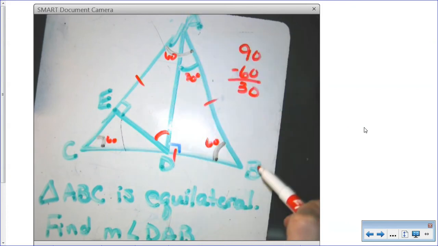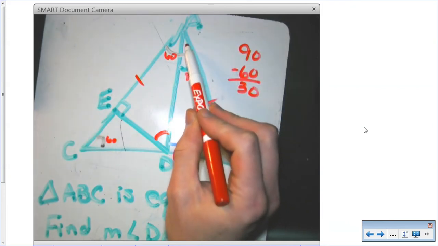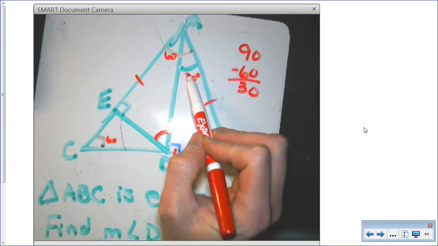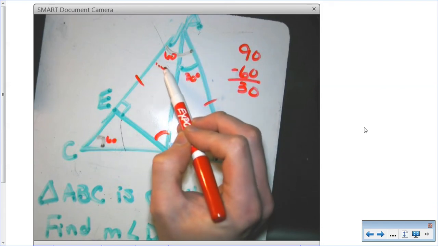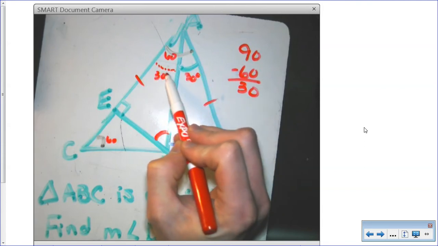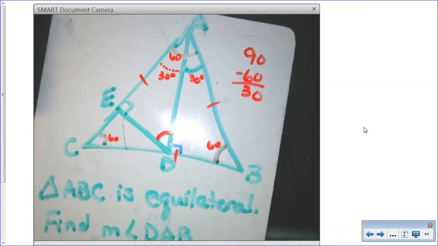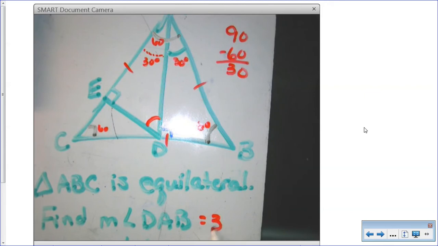Angle DAB is part of it. So part of angle A there is 30 degrees. The other part is what's missing over here. So that part is also 30 degrees. And that makes sense, right? 30 plus 30 equals 60. So we figured out that DAB is 30 degrees.